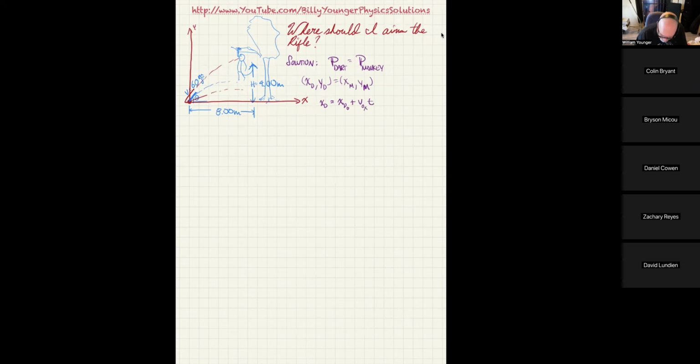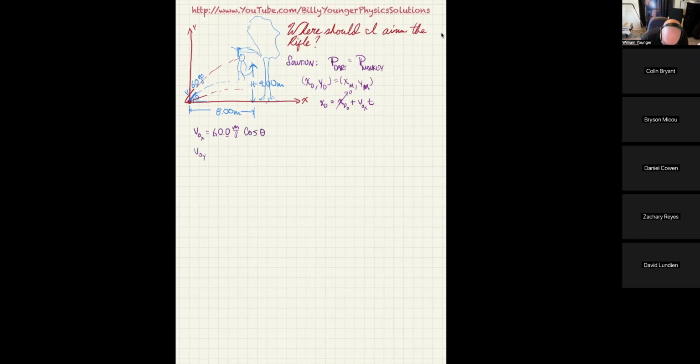Now we can see from my diagram that the initial position of the dart really is 0. And we can also see that v0x is equal to 60.0 meters per second, in other words, I'm pretending that the 60 has three sig figs, times the cosine of theta, and theta is what we're solving for.